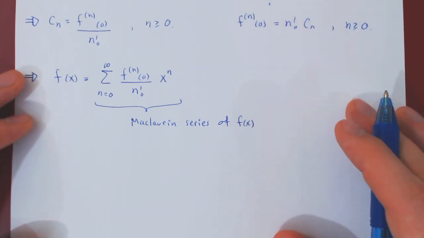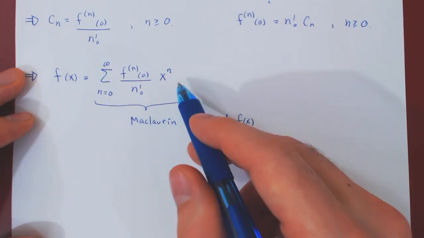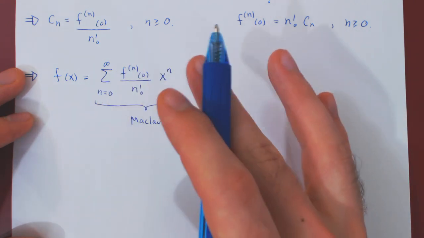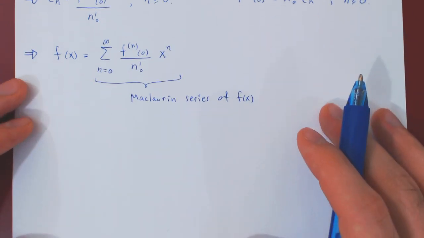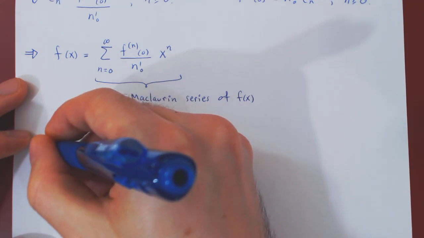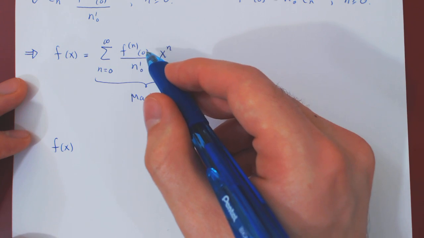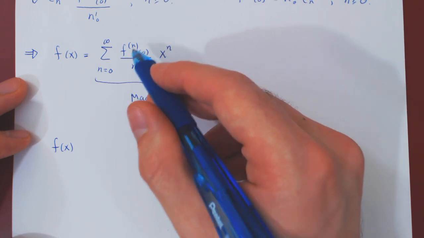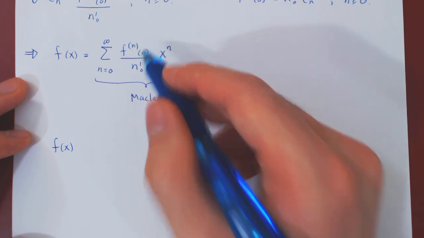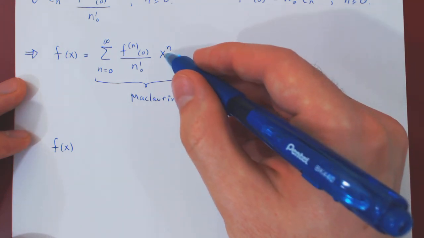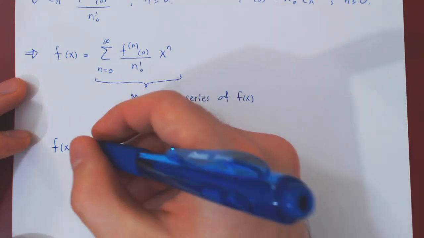But you can probably guess what the formula will look like if the center is x0 and we keep it as an arbitrary center of expansion. Instead of evaluating the nth derivative at 0, the special case, it will be the nth derivative at the arbitrary center x0. Of course, here this will be x minus x0 to the n.